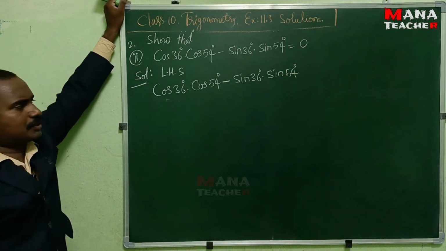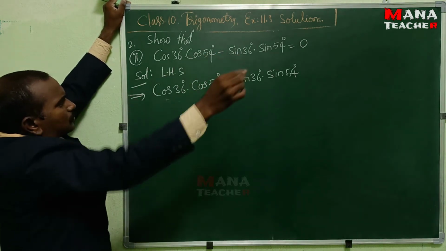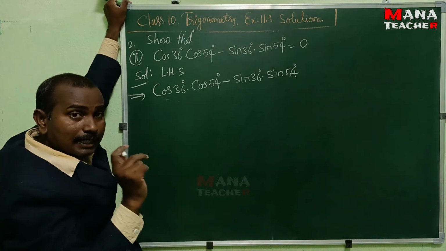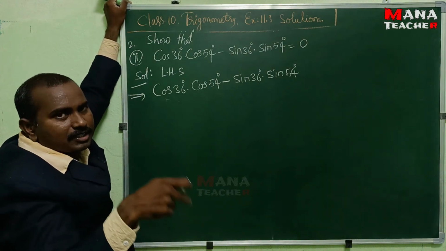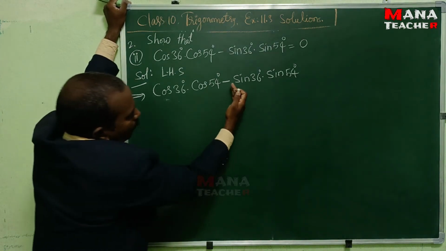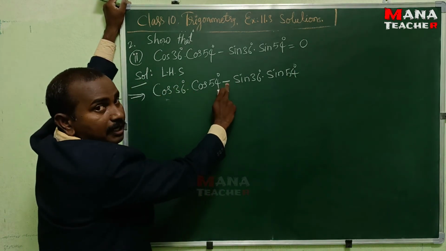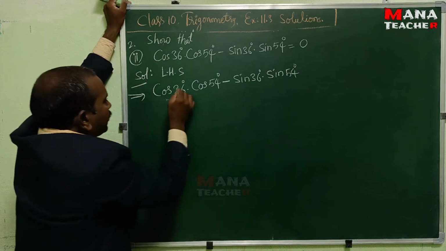This is LHS. Now cos 36 and cos 54 write in the form of 90 minus theta. Write the same after the minus as well.